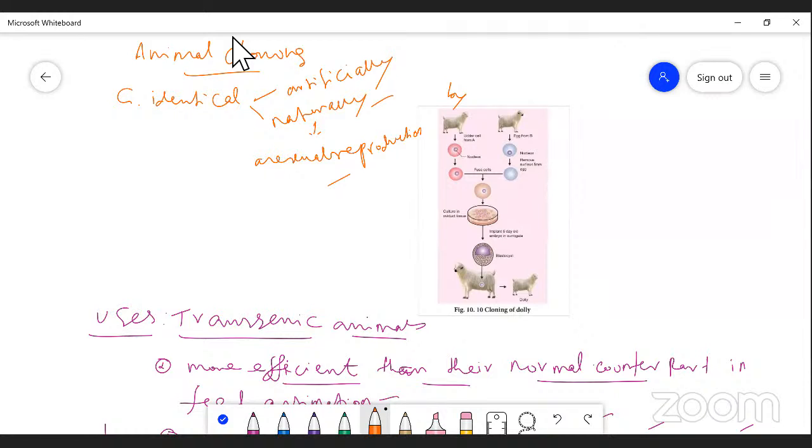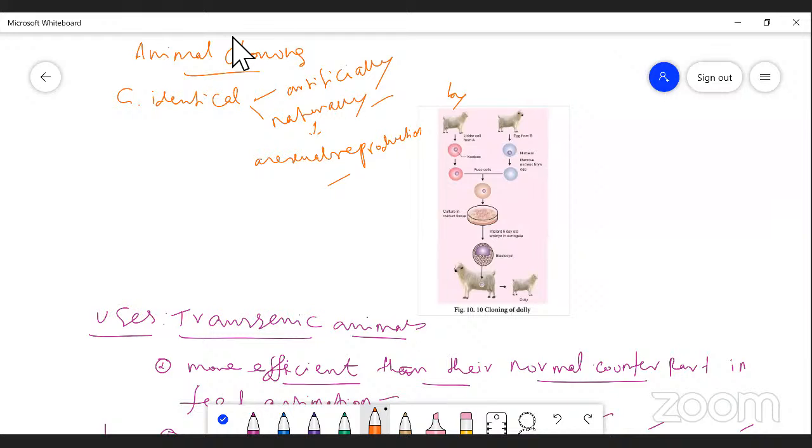With cloning in biotechnology, exact copies of the parent organism are produced. Not only organisms, but also copies of cells or copies of DNA fragments are produced.